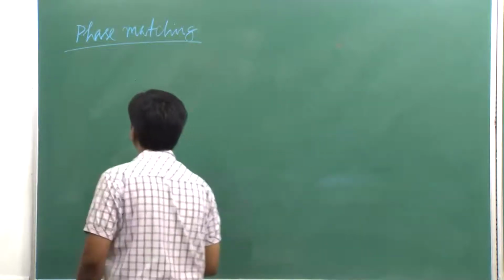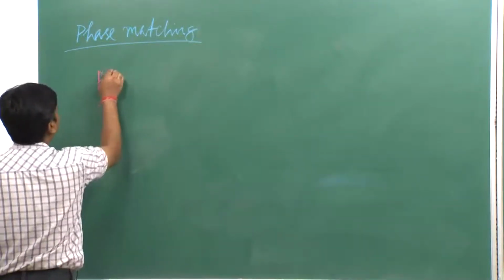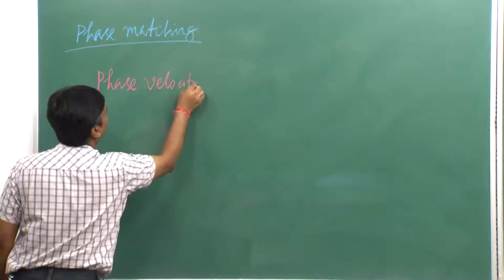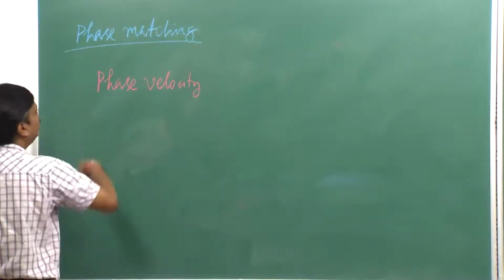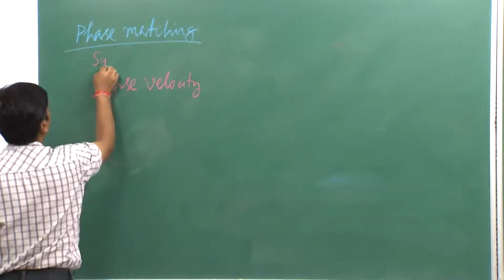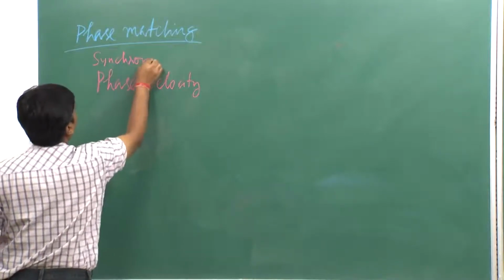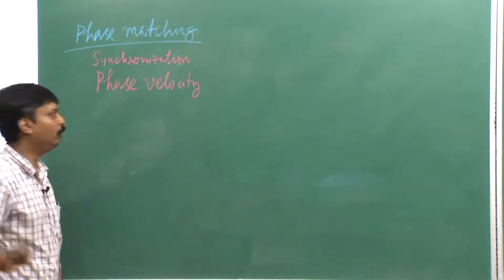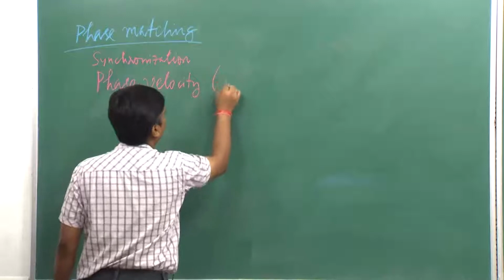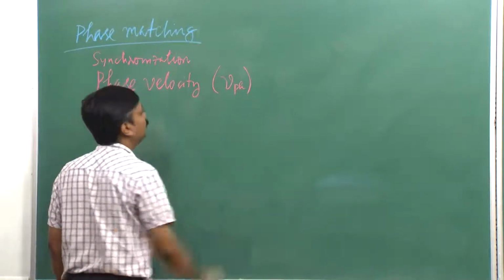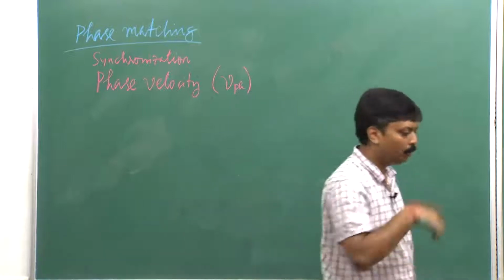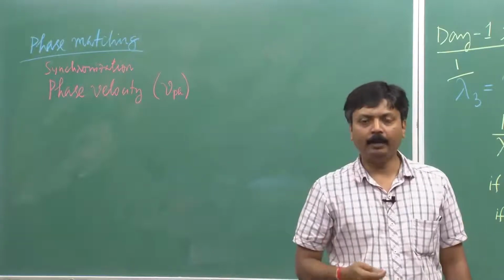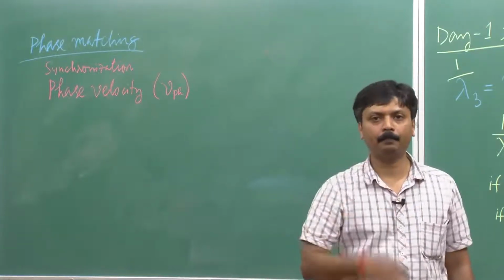Now, what is phase velocity? Phase matching is essentially the synchronization of phase velocities, so we have to match their phase velocities. Phase velocity is the velocity of a light wave, which is essentially a plane wave, when it propagates through a medium, correct.